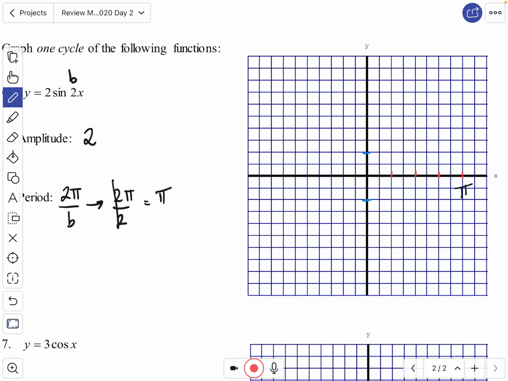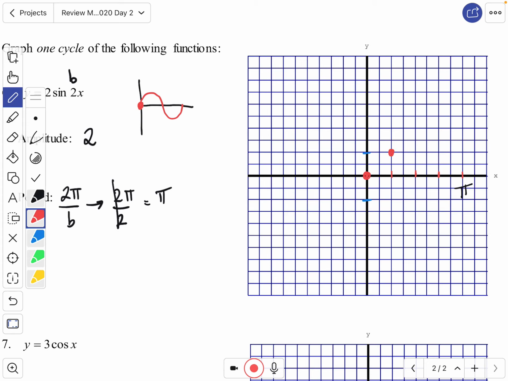Okay, so we have a sine curve. So just to give you a little demonstration, the sine curve starts at your center. And it goes up, down, and back. So we're going to start at the center here. And a quarter of the way at the first tick mark, we're going to go up.